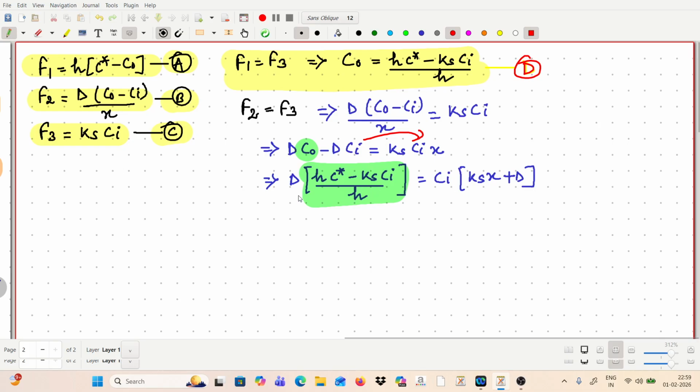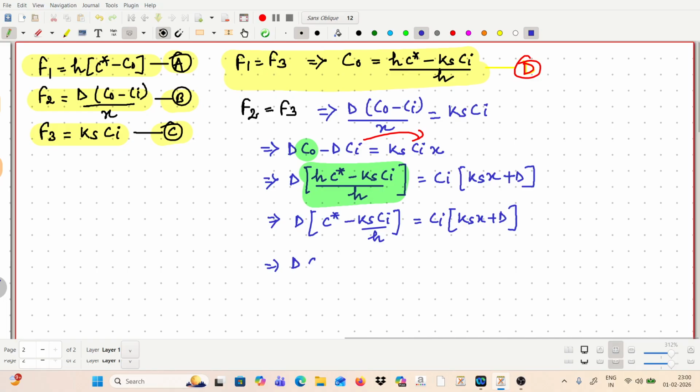Now D H C star by this. Then again we have to do some solution. So D C star minus KS CI by H, CI, KSX plus D. Okay, one more line we will write.